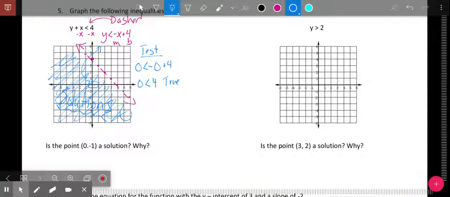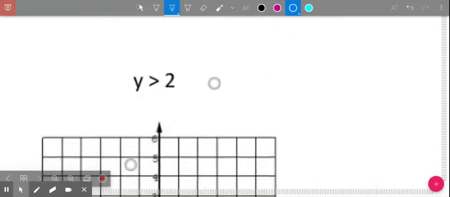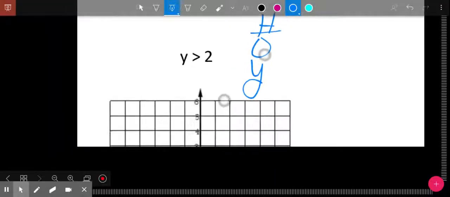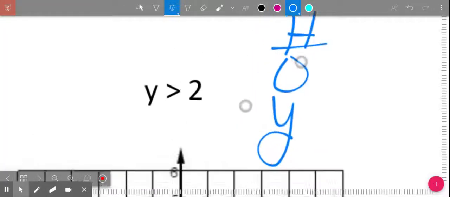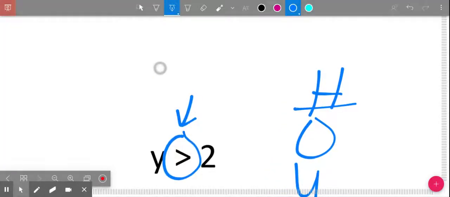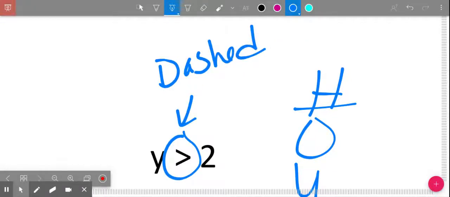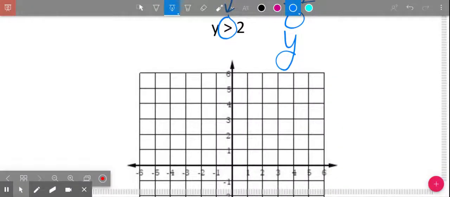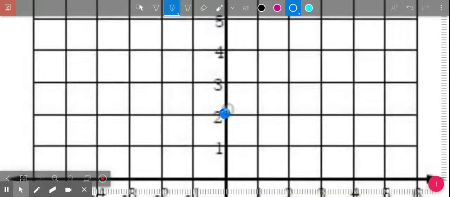Alrighty. Let's do the next one. We have y is greater than 2. This is just y and a number, so it's horizontal. That means it's going to be a horizontal line. We also know that it's greater than, so that means it's going to be dashed again. If it was greater than or equal to, it would have been solid. So we're going to go to the y-axis, and we're going to put a point on 2.